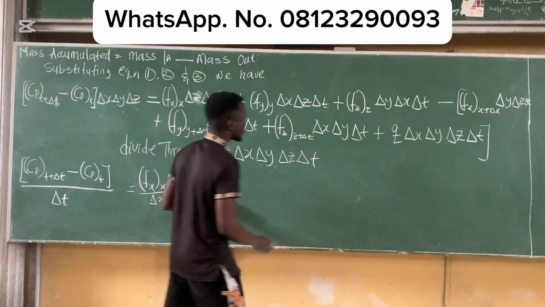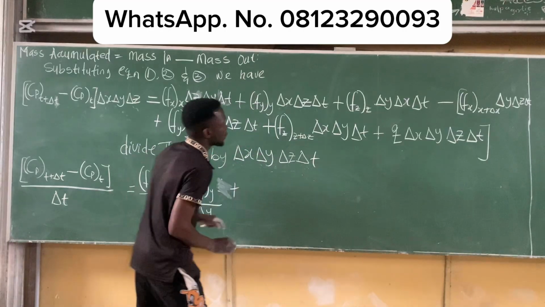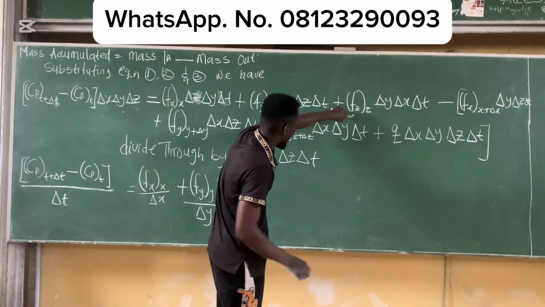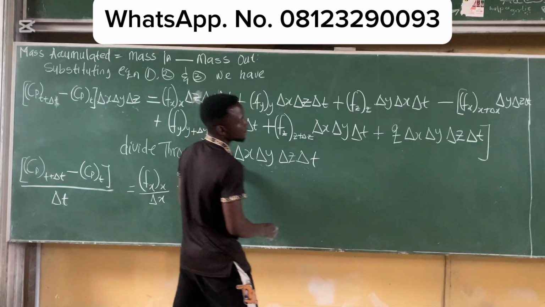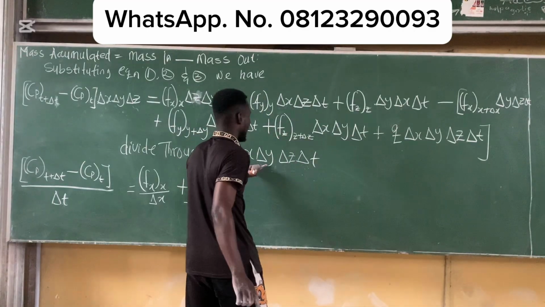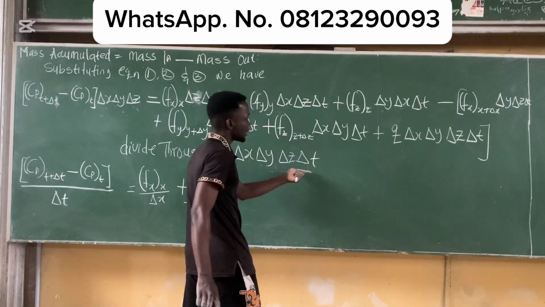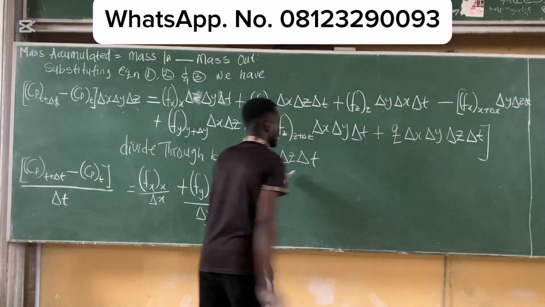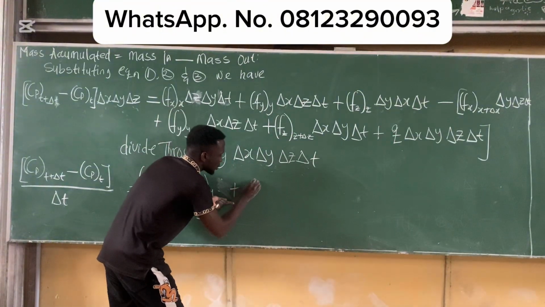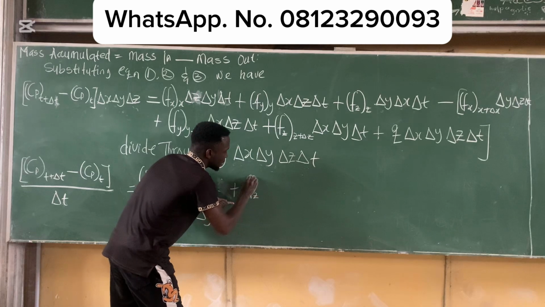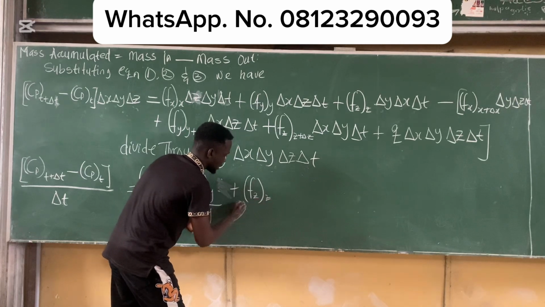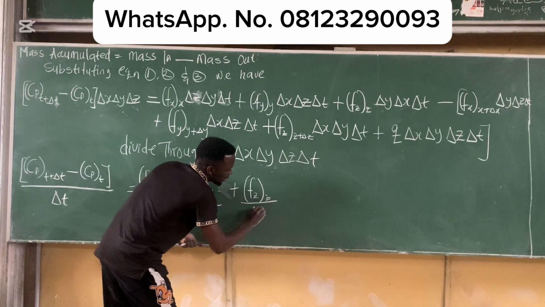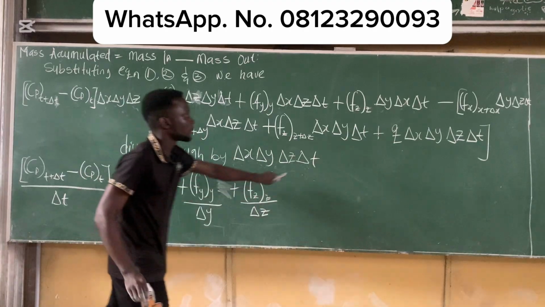And also, we are done with this, plus for this next one, delta x cancels delta x, delta y will cancel delta y, delta t will cancel delta t, we'll be left with plus f of z divided by delta z.